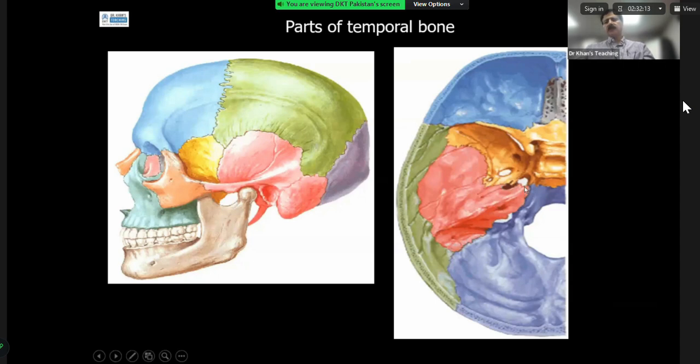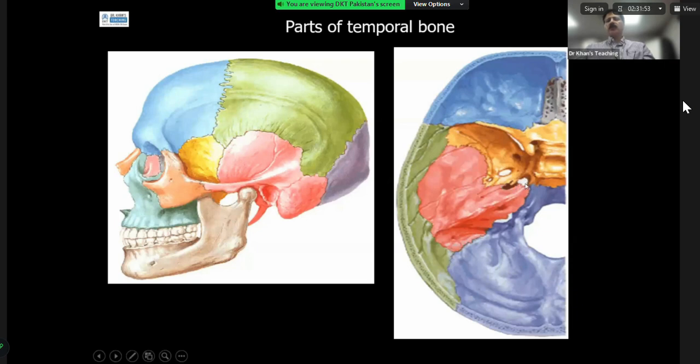If you see here, the petrous temporal bone forms a synchondrosis, joining the occipital bone and the sphenoid bone.